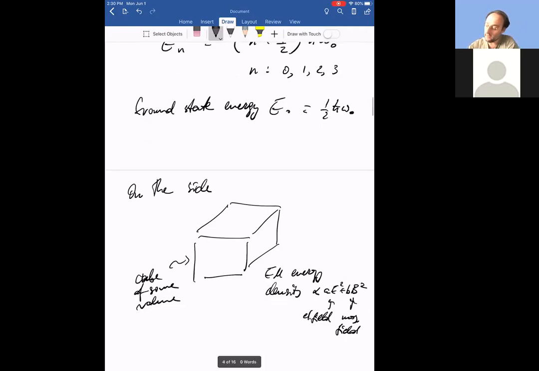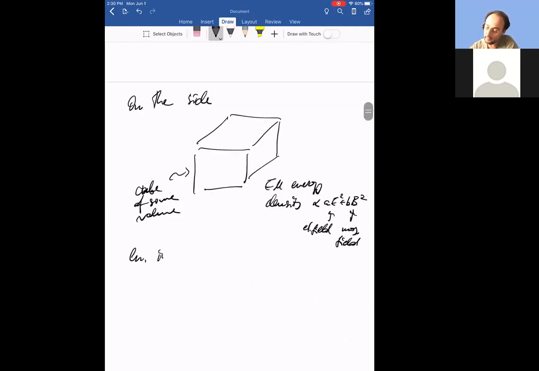And so the energy in a volume is really the integral of this over volume, but if E and B are constant, then it's basically E squared plus B squared times the volume.